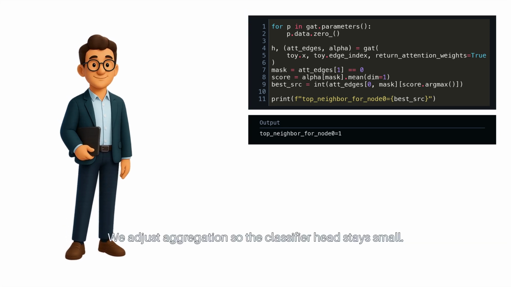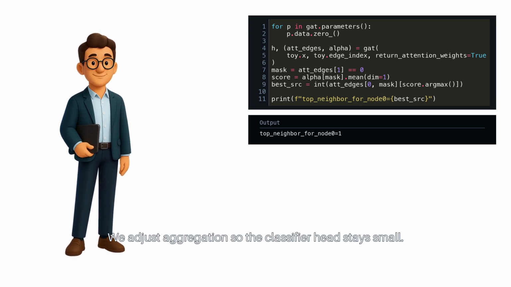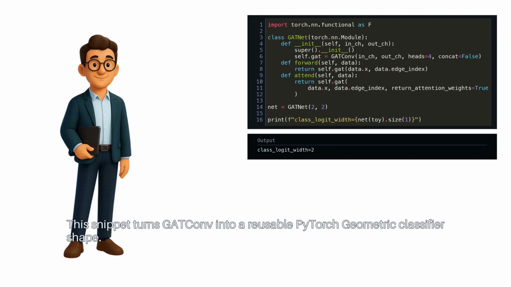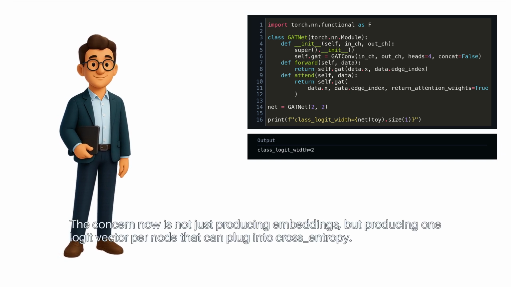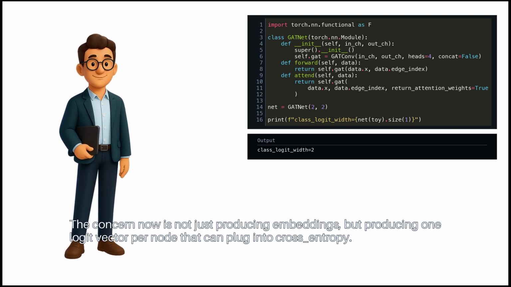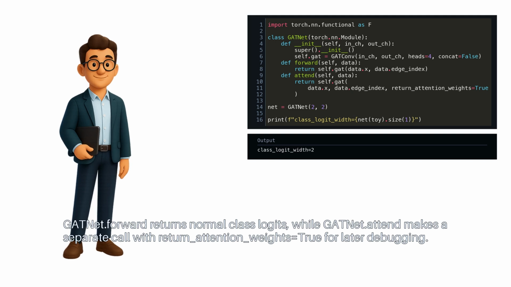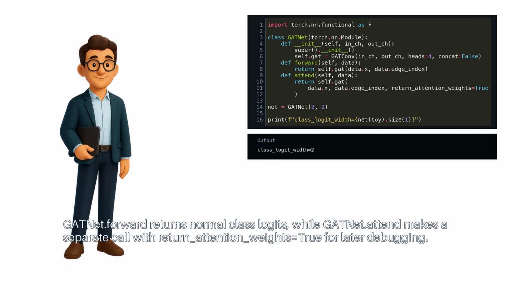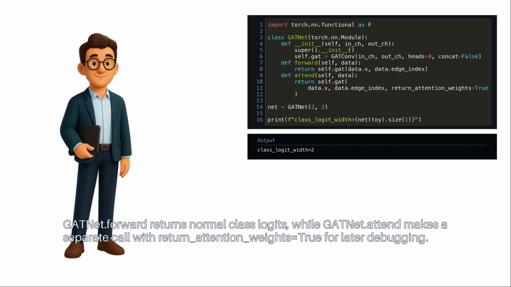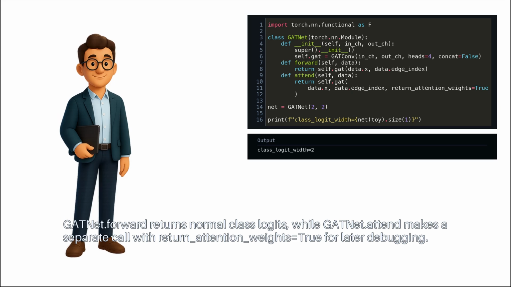We adjust aggregation so the classifier head stays small. This snippet turns GATConv into a reusable PyTorch Geometric classifier shape. The concern now is not just producing embeddings, but producing one logit vector per node that can plug into cross-entropy. GATNet.forward returns normal class logits, while GATNet.attend makes a separate call with return_attention_weights equals true for later debugging.